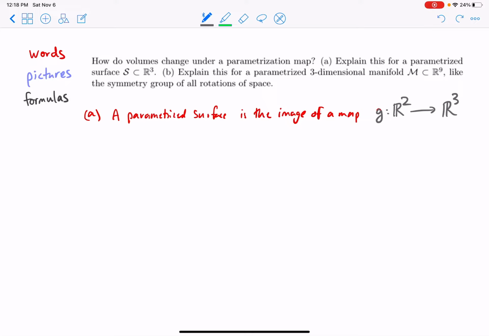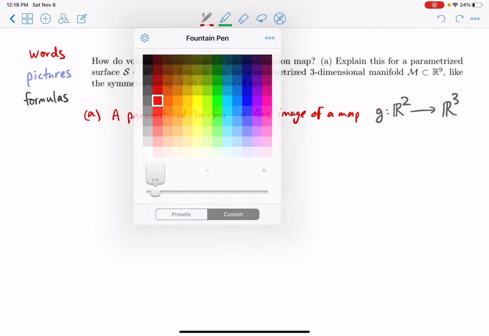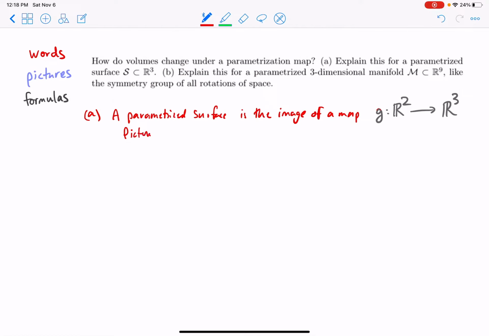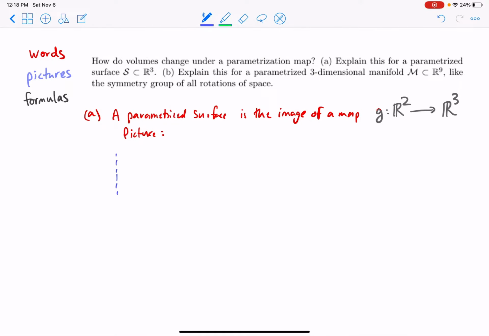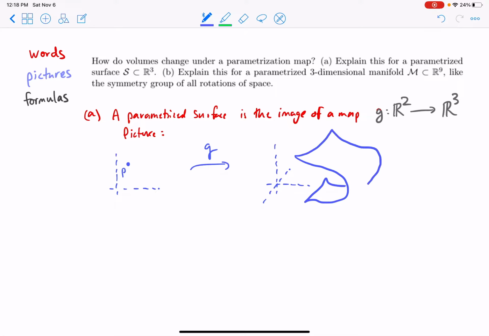Okay. Picture. Here's our input space. Here's our point P. And G maps us over into three-dimensional space. And I draw the same thing every time because then it's easier to understand what's happening. Here is the image of this map.